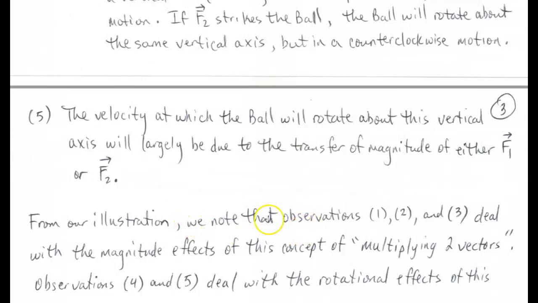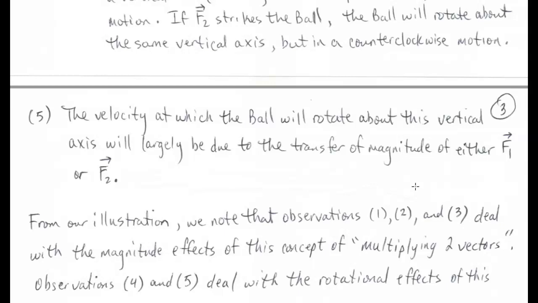Now, the last thing is that the velocity at which the ball will rotate about this vertical axis will be largely due to the transfer of the magnitude of either vector F1 or F2, depending upon the one that we're dealing with. So my point here is that even when we talk about the rotational effects in the video where I'm going to address cross product, you're still going to see that there is a magnitude transfer going on there.